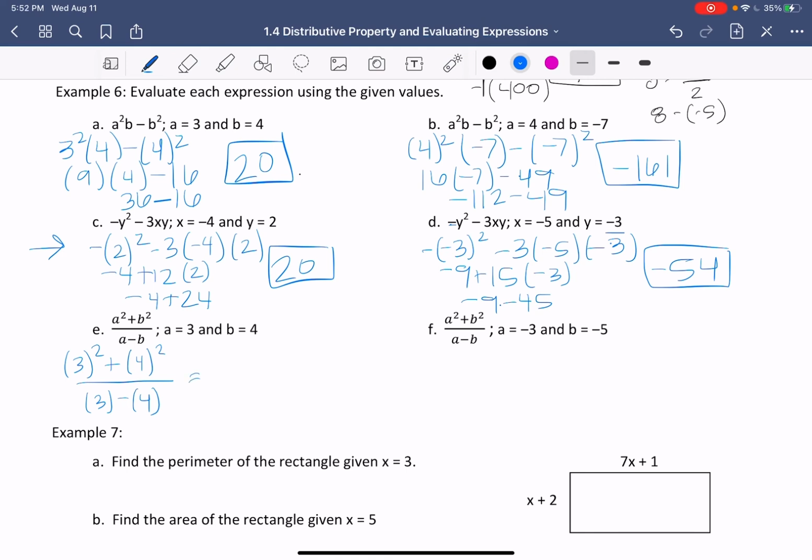Okay, so 3 squared gives us 9. 4 squared gives us 16. Then we have 3 minus 4, that's going to give us negative 1. 9 plus 16 gives us 25. And we have negative 1. And we can divide that out. 25 divided by negative 1 gives us negative 25.